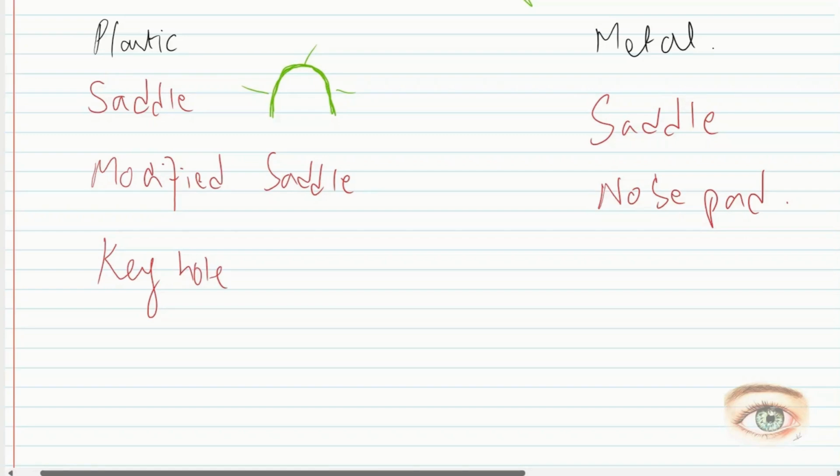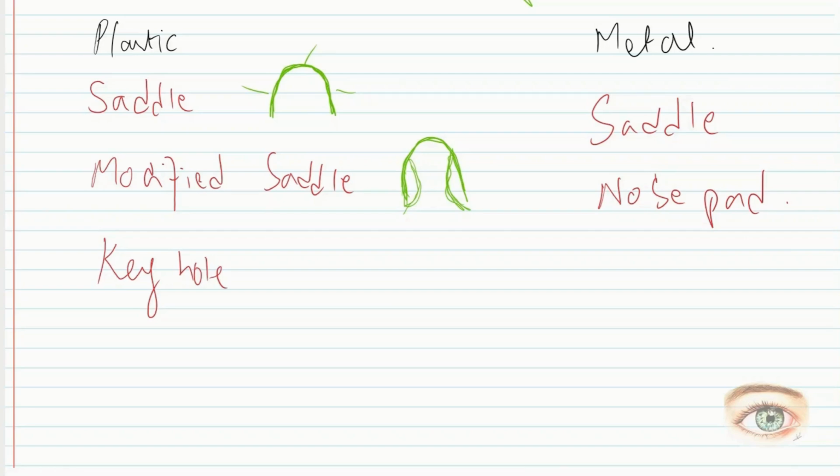And modified saddle nose bridges are the same as saddle nose bridges, but they also have nose pads. Not the nose pads, but actually made of plastic. I will show you their pictures later.